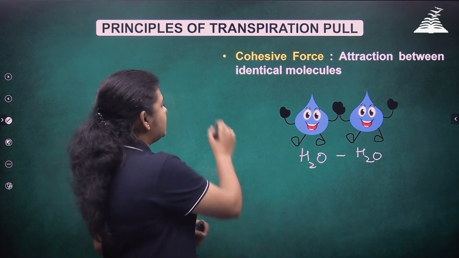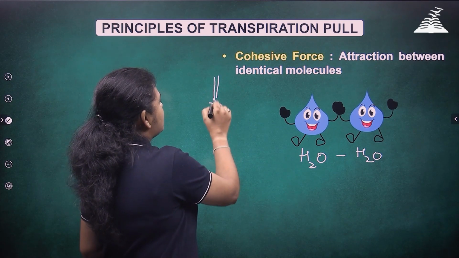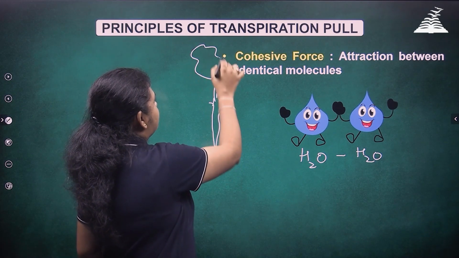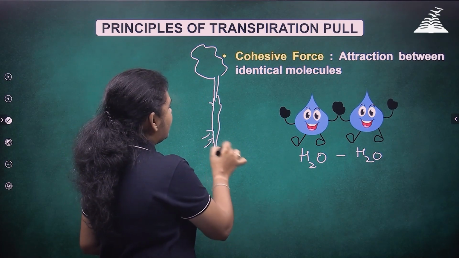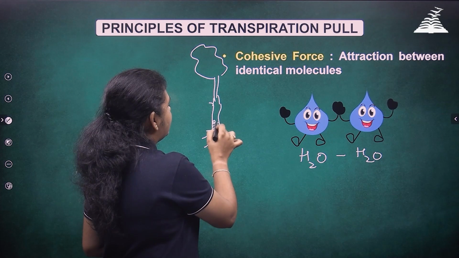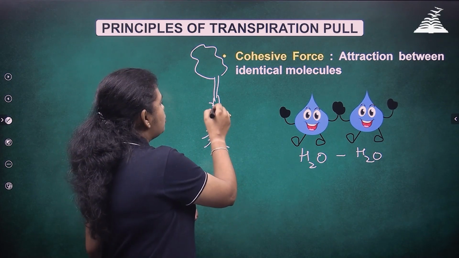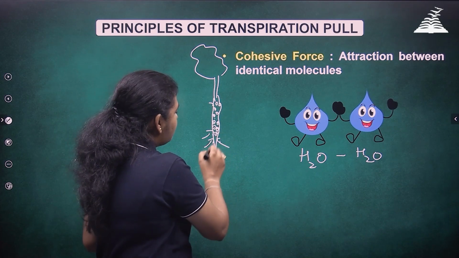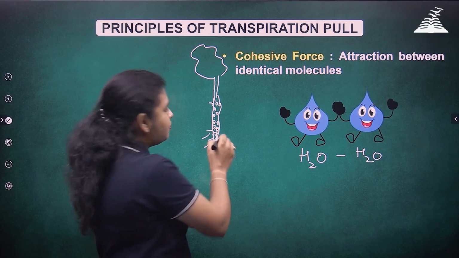Let us consider this to be a root, and then you have a stem which goes up, and then the big tree, right? So water molecules get absorbed and enter inside. So what happens as these molecules go up? The molecules of water which are down will try to pull each other.